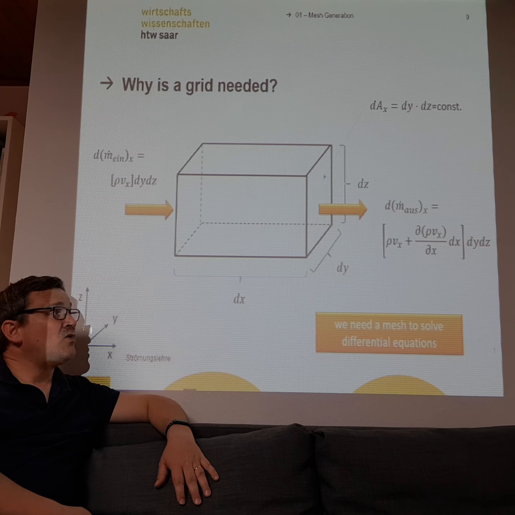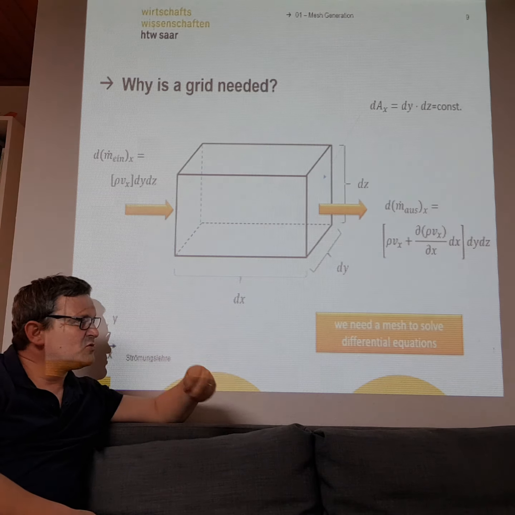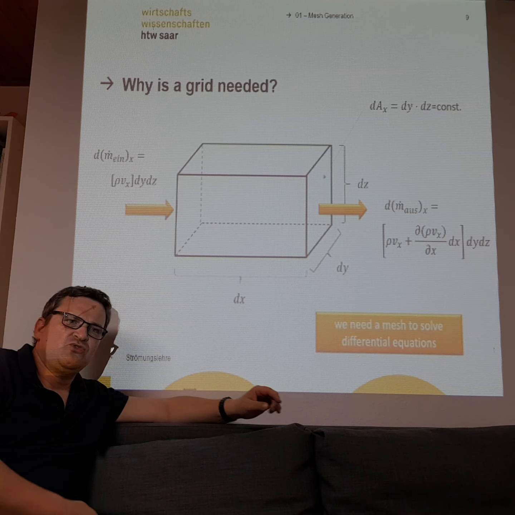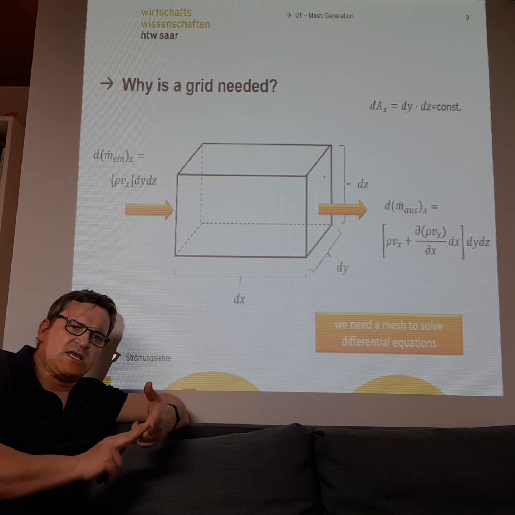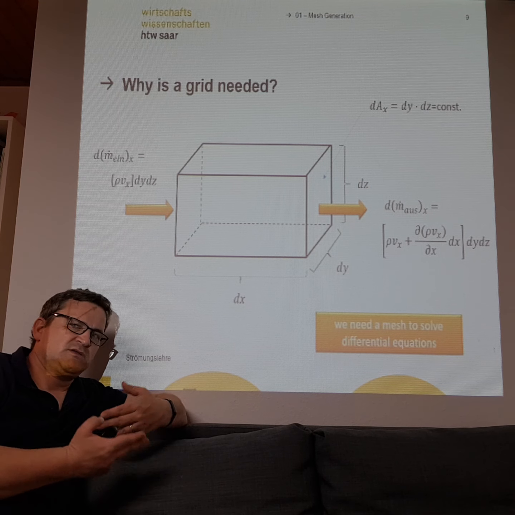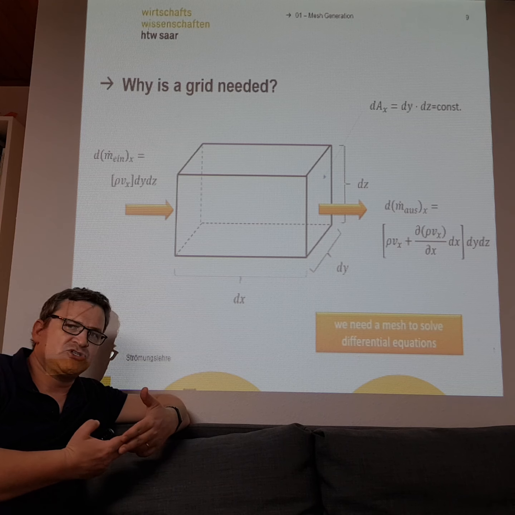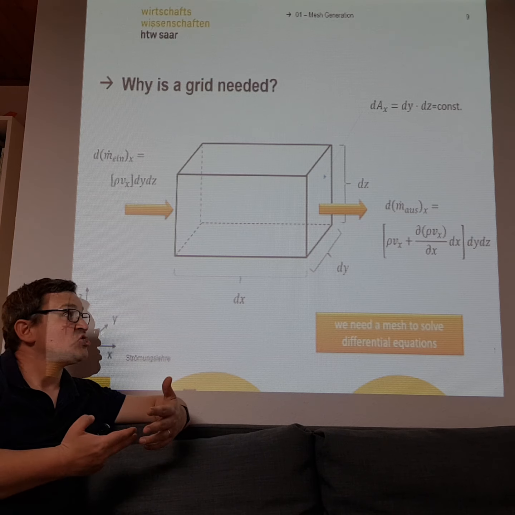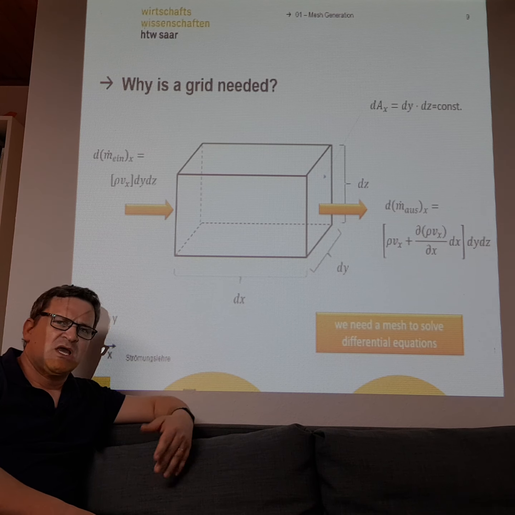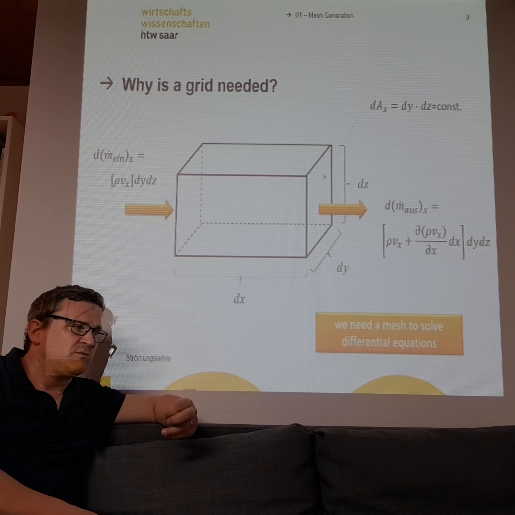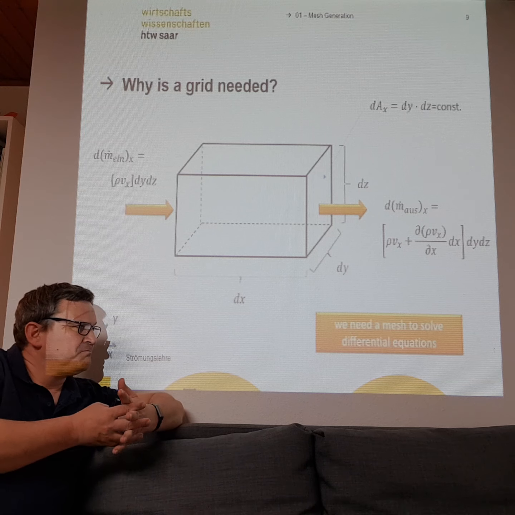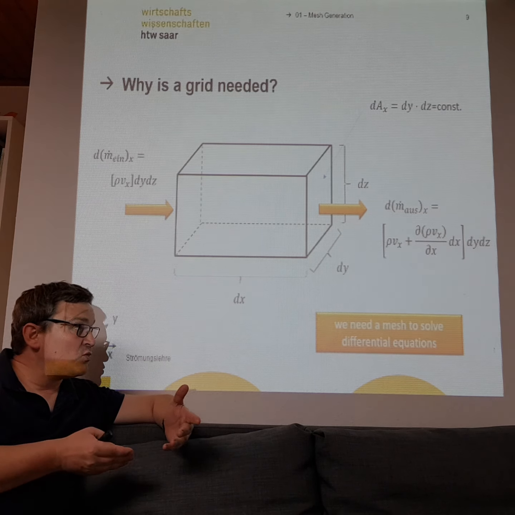Okay, now let's look a bit at what we deal with in computational fluid dynamics. You can also have blocks and meshes if you do finite element methods for strength calculations of solids, or you can use them for electric fields and for a lot of different physical problems. But in computational fluid dynamics, more or less, we are interested in fluid flow.